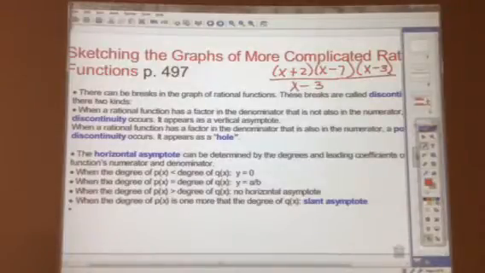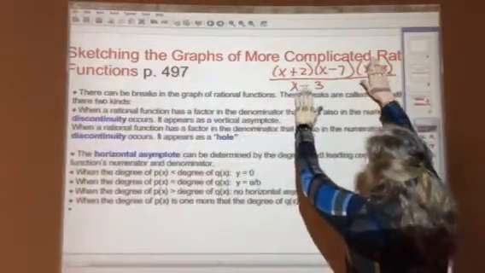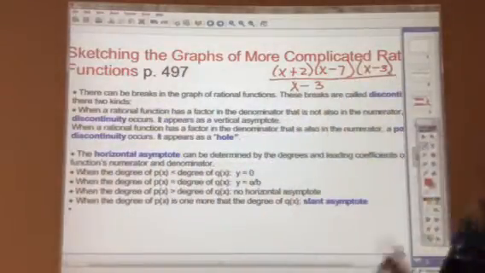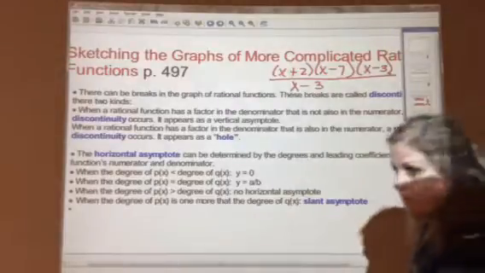If there is a factor that's in the denominator and the numerator both, which this x minus 3 is in both, it's not going to be a vertical asymptote. It's going to be a hole in the graph. You need to know that. So 3 is going to be a hole in the graph.